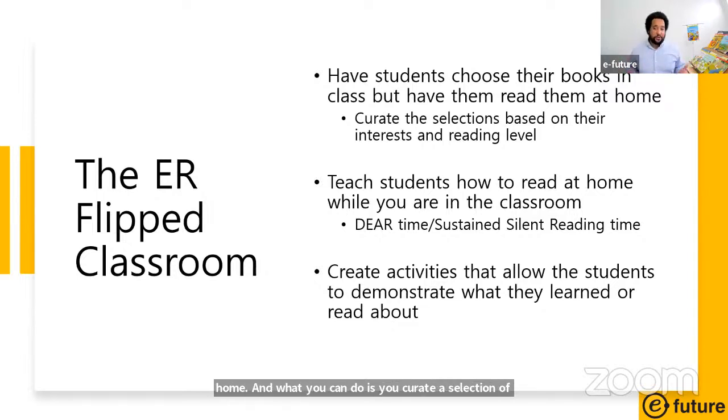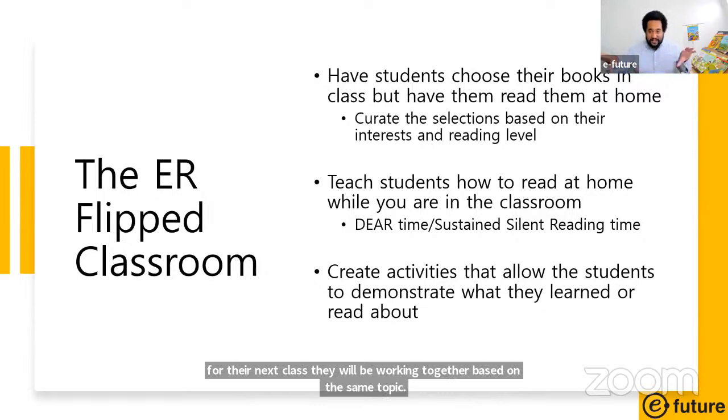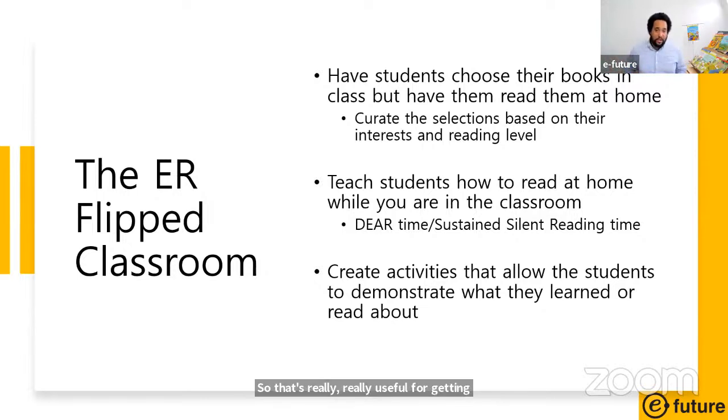Using graded readers is a great way to do that. But give them a choice. It doesn't have to be too many books, but give them 5 or 6 books to choose from. And then based on what they choose, you divide those students into groups. So for their next class, they will be working together based on the same topic. So that's really, really useful for getting students to work together.